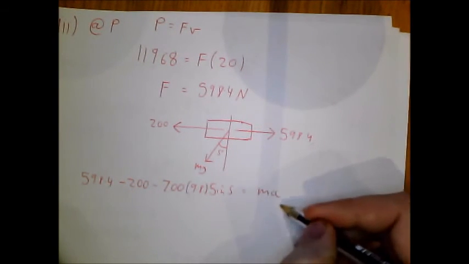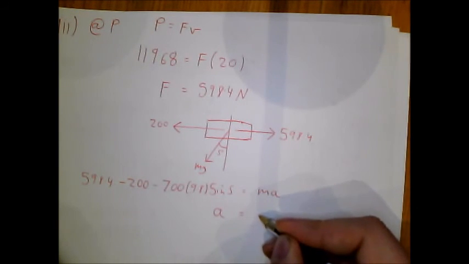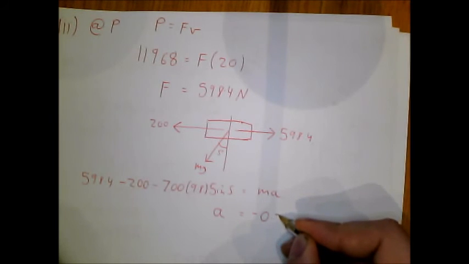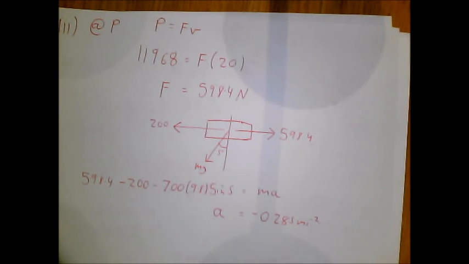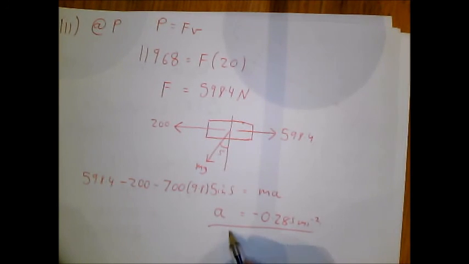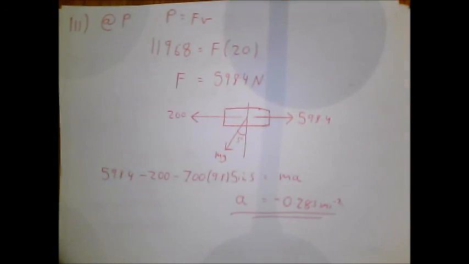And we know that m is 700, so after some solving you should get an a value of negative 0.285 meters per second squared, which is what we wanted as retardation. And that's question 6 all done. I hope that was useful.